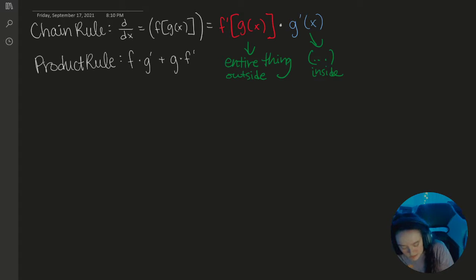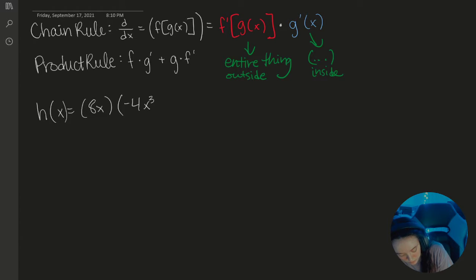In this case, our problem is h of x equals 8x times (negative 4x cubed plus 8) all squared. So we're going to set up all of our possible things that we could use.